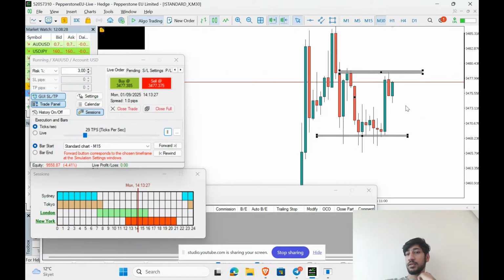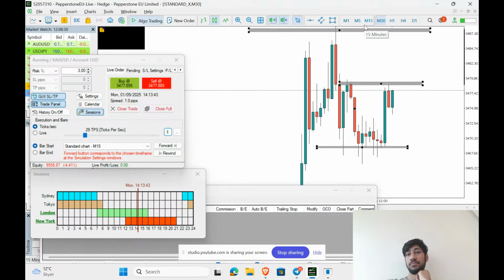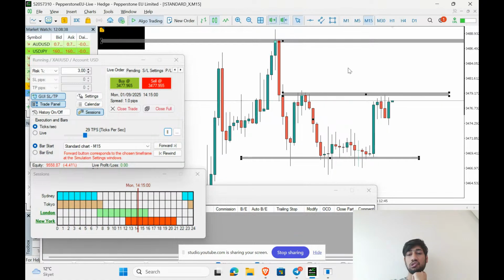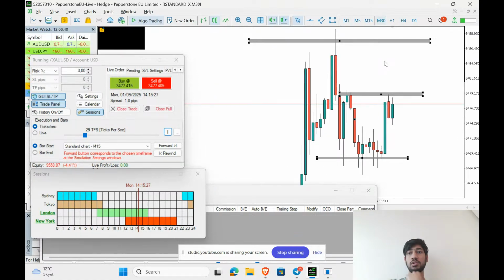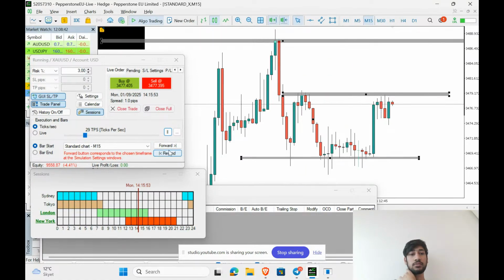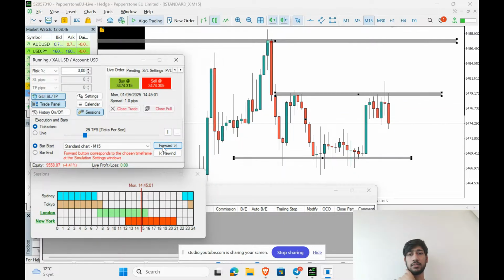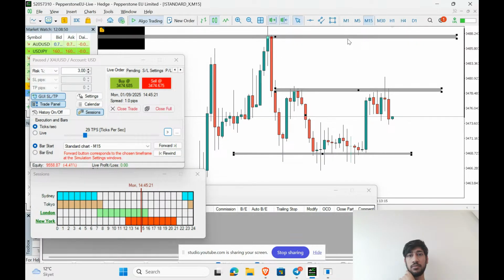I mean, this candle was bearish. Yeah, it's fine. M30 like this. Forward. We are just consolidating now. Forward. Yeah. See, now we have this range.